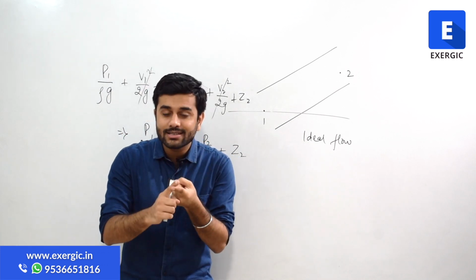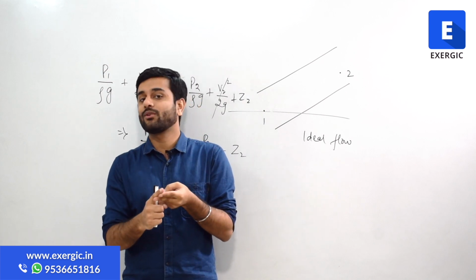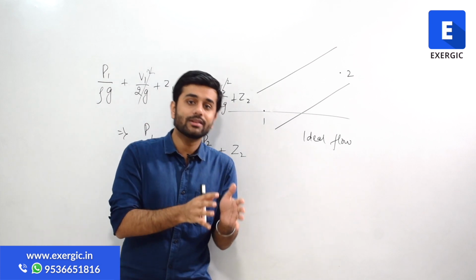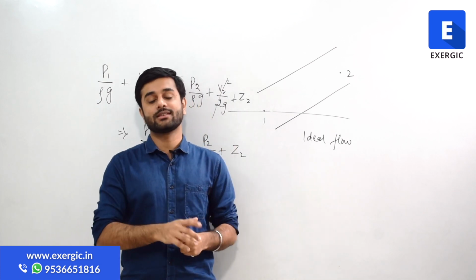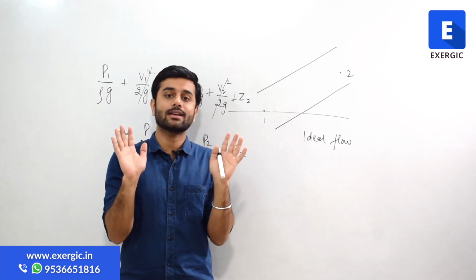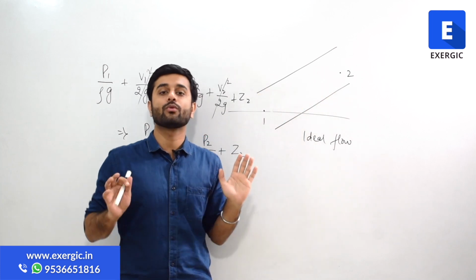So with Bernoulli's equation, for ideal fluid flow, you cannot determine the direction of flow. For a fluid having head losses, you can determine the direction, but for ideal flow, both directions are very much feasible.